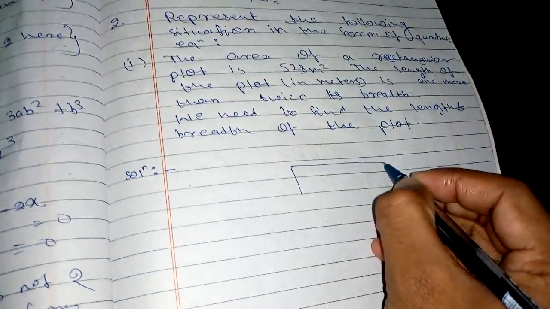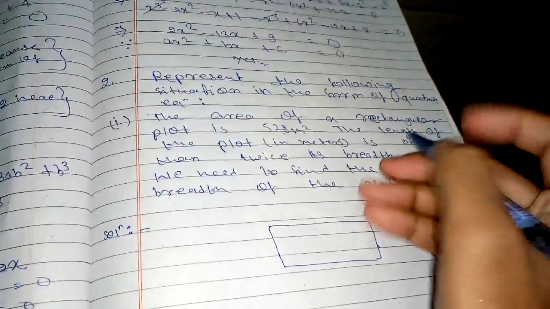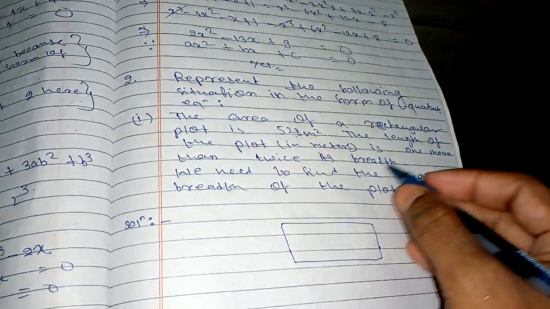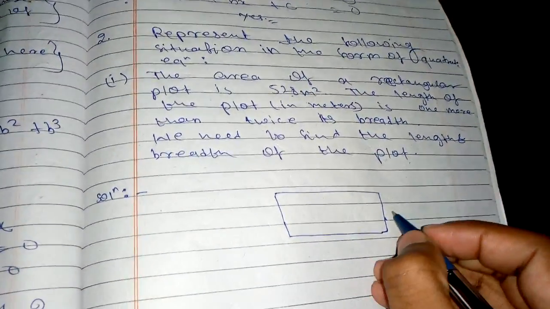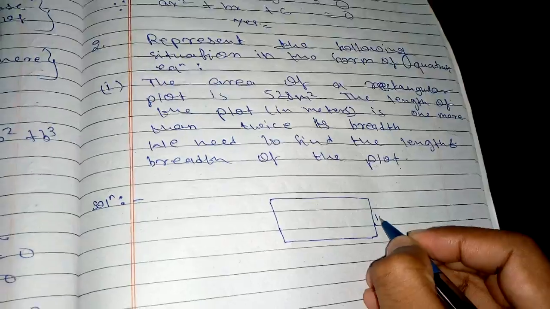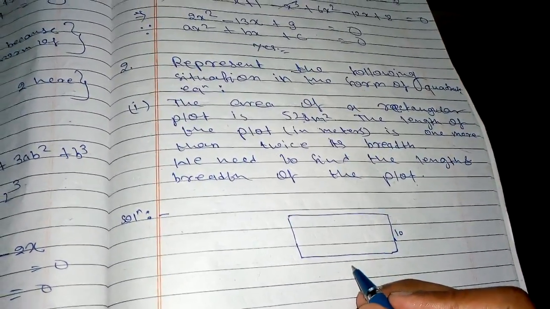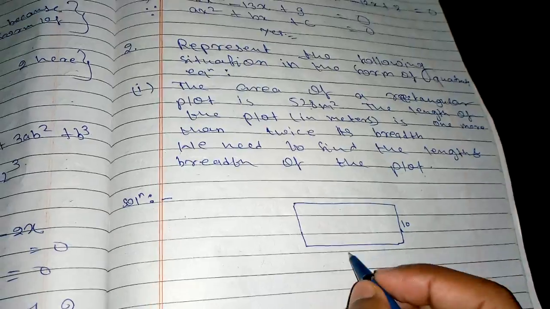First, we need to make a rectangular plot, and here it is telling us the length of the plot is one more than twice its breadth. First, we find breadth. Suppose if the width is 10, then what will be one more than twice the width?